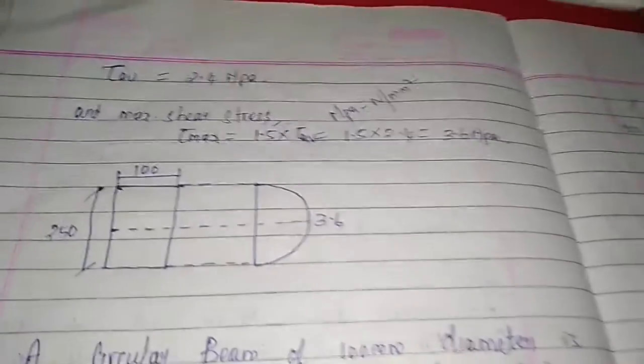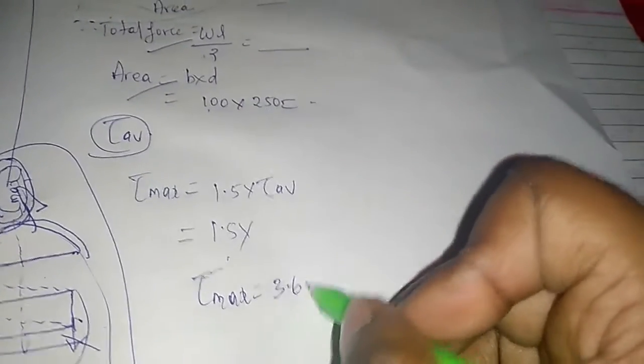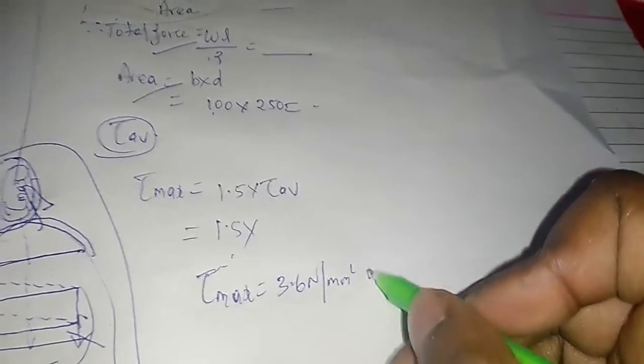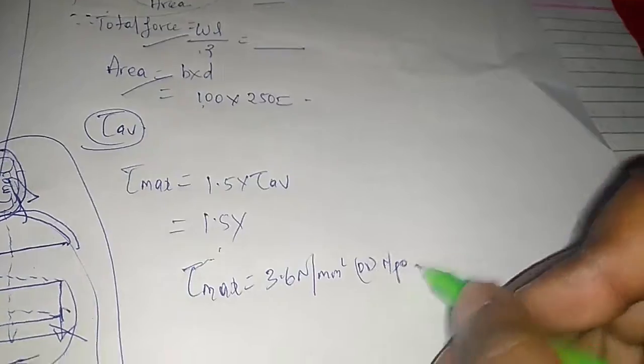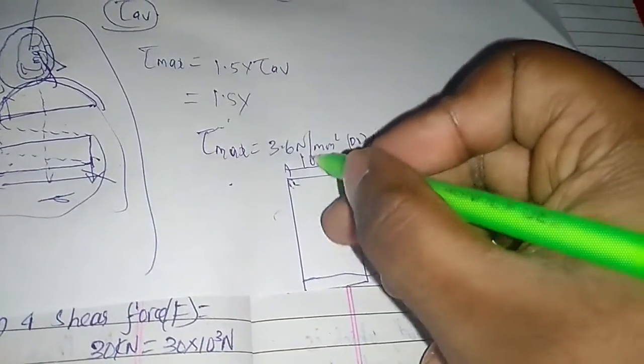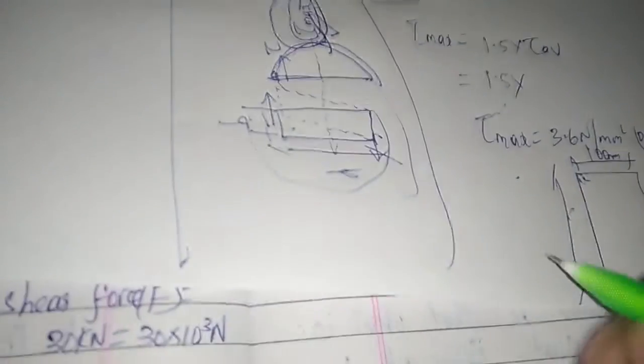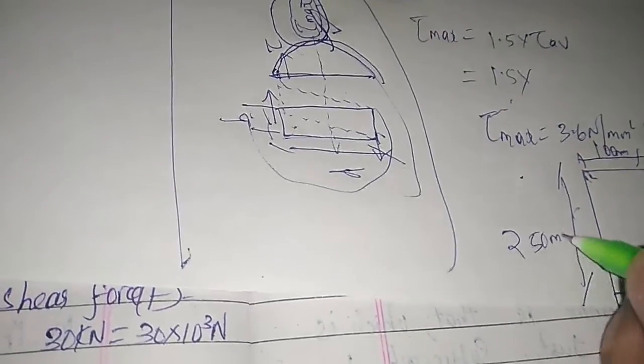So now draw the diagram. Your tau maximum value is 3.6 Newton per mm square or MPa. So now draw the variation diagram. Draw a rectangular beam. Your width is 100 mm and your depth is 250 mm.